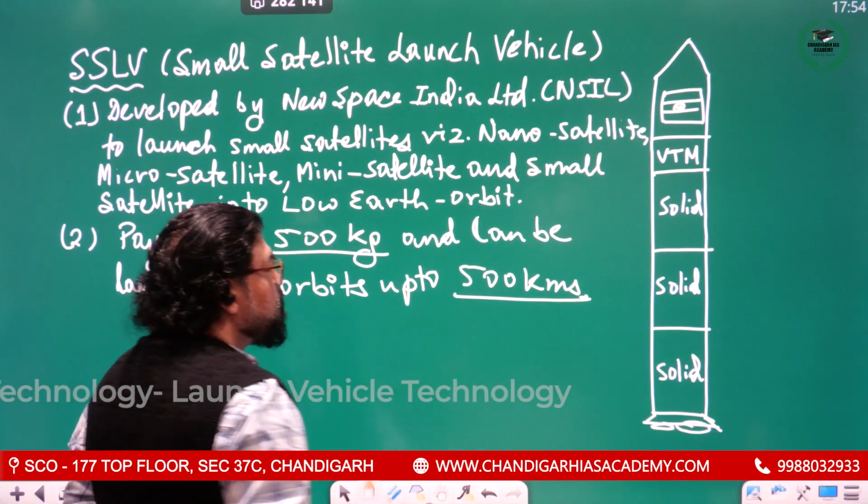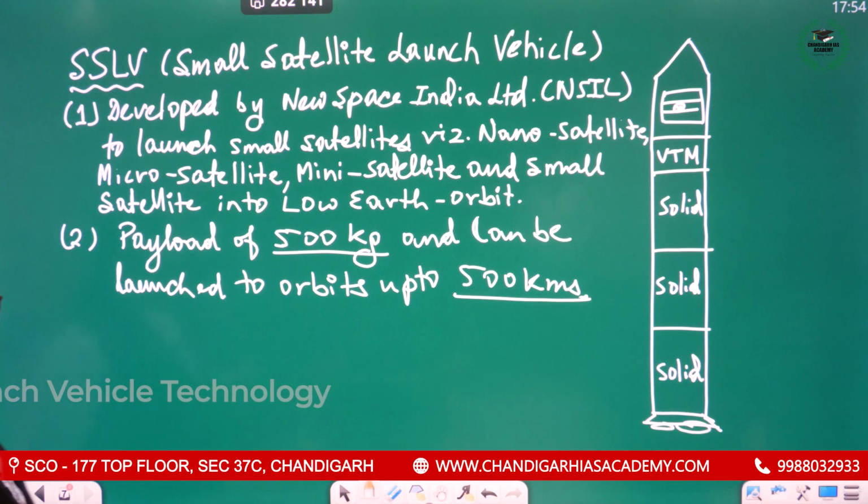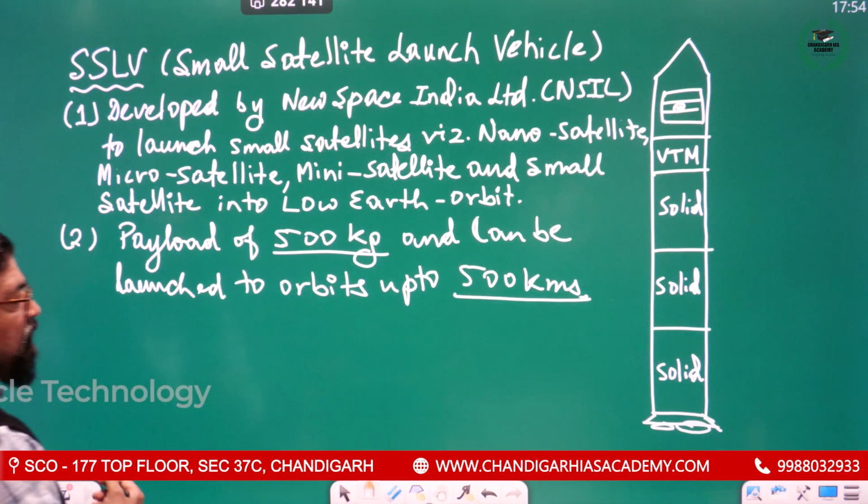Maximum capacity is up to 500 kilogram total payload of the satellites, right? And also up to 500 kilometers.